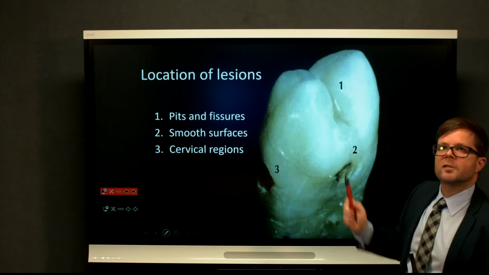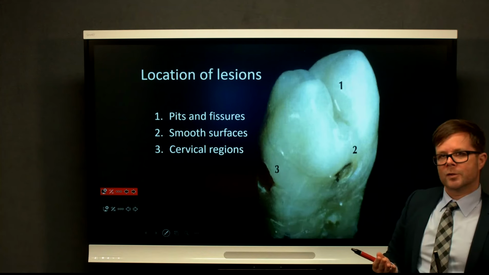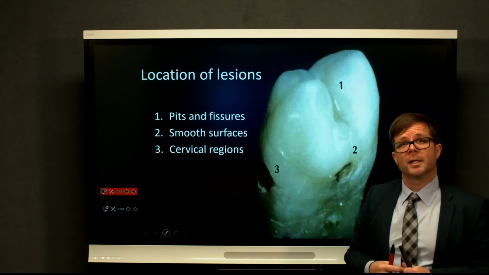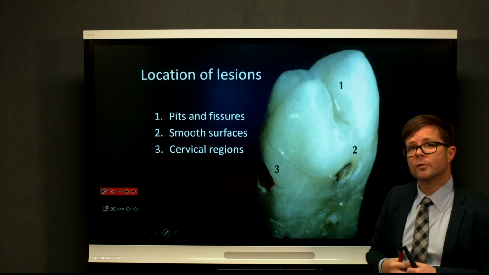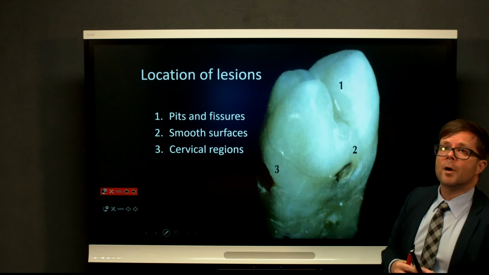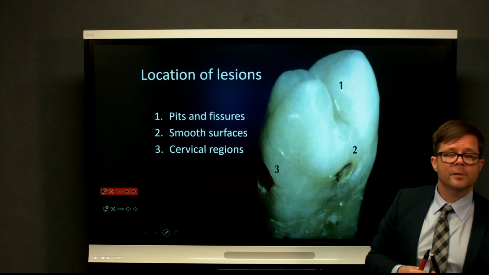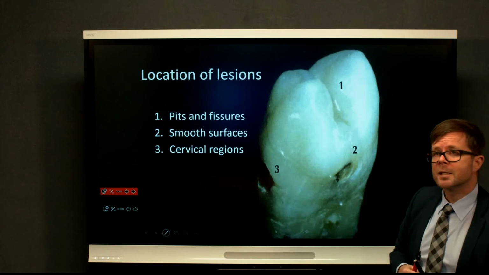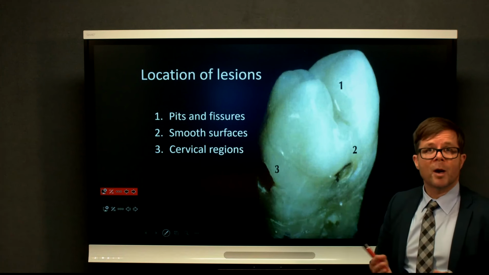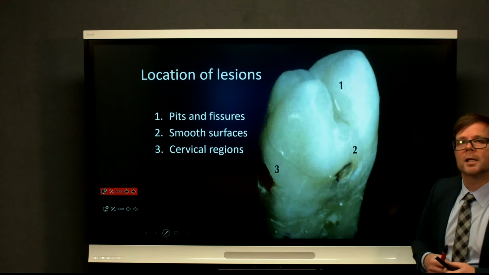The pits and fissures of the teeth, and these commonly occur on the occlusal surface, but may also occur on the palatal surfaces of molars. There's a palatal groove commonly behind the front teeth, so the palatal surfaces of incisors, and the buccal surface of lower molars are commonly pitted.